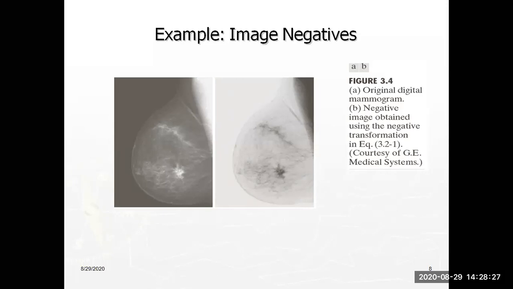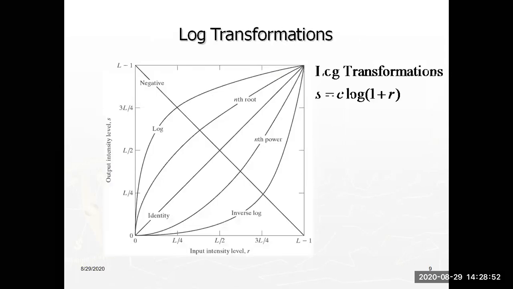If you take an X-ray or scan of the breast and clear identification is not available, in that case we have to use the function called image negative. After applying image negative, the image is very clear, and we can observe the damaged part or tissues in the particular spots. Next, log transformation.